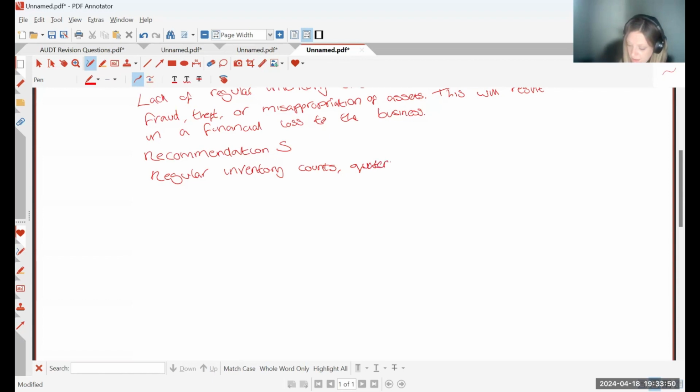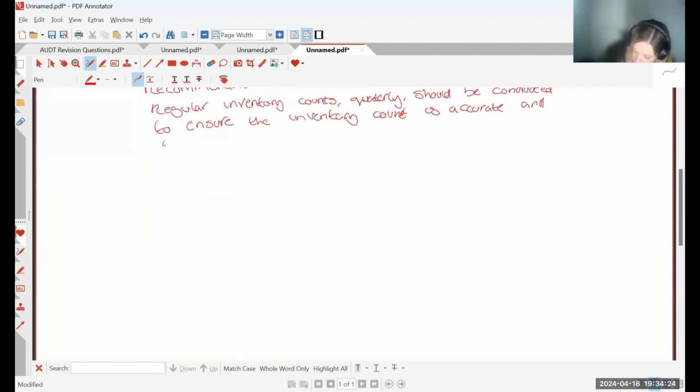Quarterly, should be conducted to ensure the inventory count is accurate, and any discrepancies can be investigated.